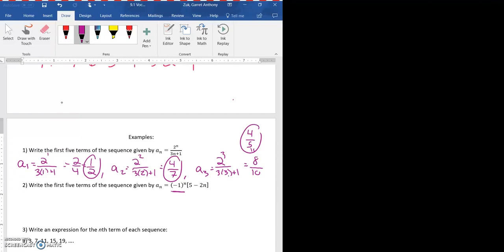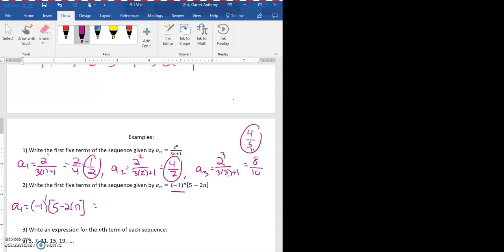So we've got a sub 1. Let's plug in 1 everywhere for n. That's -1 to the first times 5 minus 2 times 1.